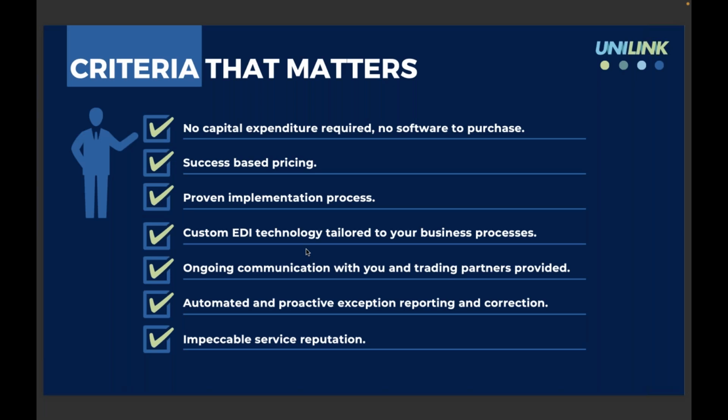In our case, we deal with all of the trading partners. And if we see a transaction that fails, we're going to notify you through our portal. And more importantly, or as importantly, we're going to notify our people of a transaction failure. The majority of the time, it's something a trading partner has changed on their end. We contact them.